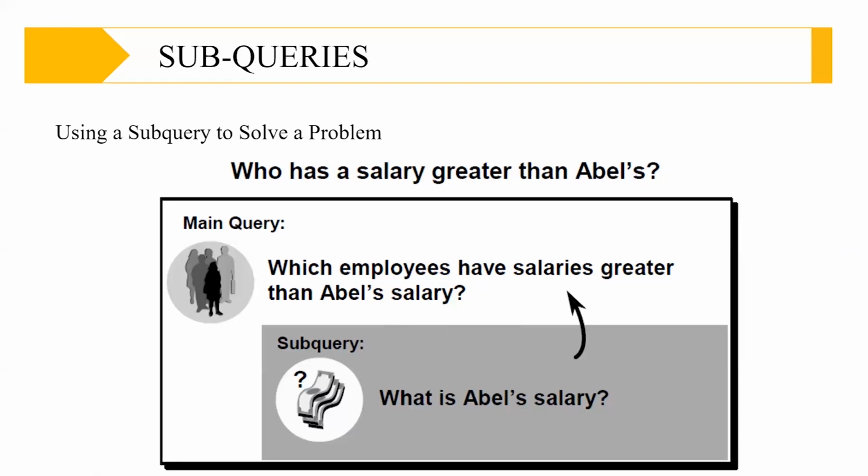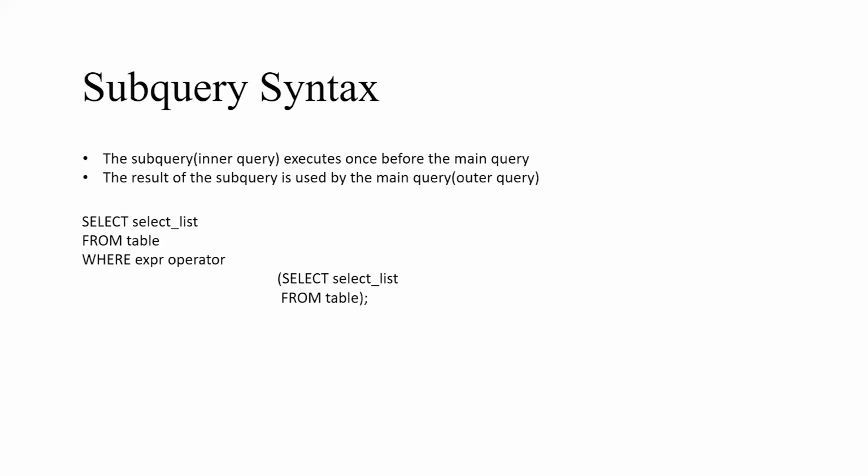We can do that. Then we get the salary and then we hard code. So select star from HR.employees where salary is greater than the salary we just now got. We can hard code the salary, but that is not how it should be, because Abel's salary can change over time, right? So for that we need to use a subquery.